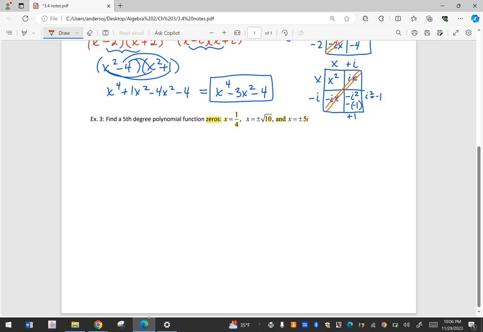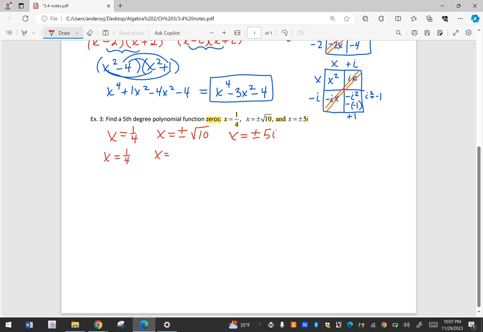So here I have x equals 1/4. I have x equals plus or minus the square root of 10. I know that looks different, but just hold on and we'll go through what that looks like in just a moment. And last we have x equals plus or minus 5i. Now remember, we have x equals 1/4.